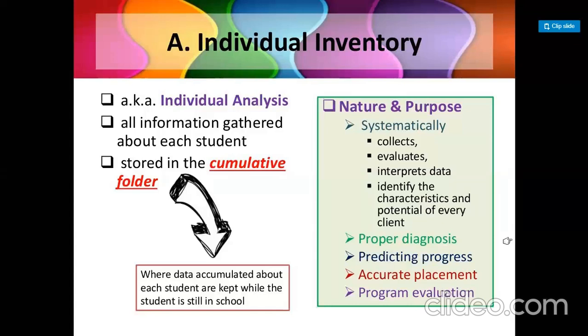So what is the nature and purpose of individual inventory? Okay, so it systematically collects, evaluates, and interprets data, identifies the characteristics and potential of every client, makes proper diagnosis, predicts progress, and supports accurate placement and program evaluation. So we gather this data about the student. Usually we do this during June, July, August, mostly.